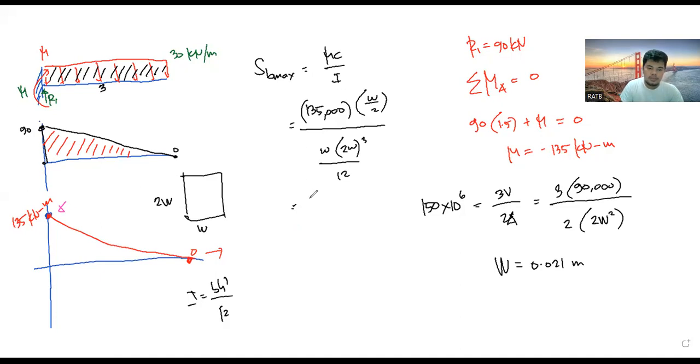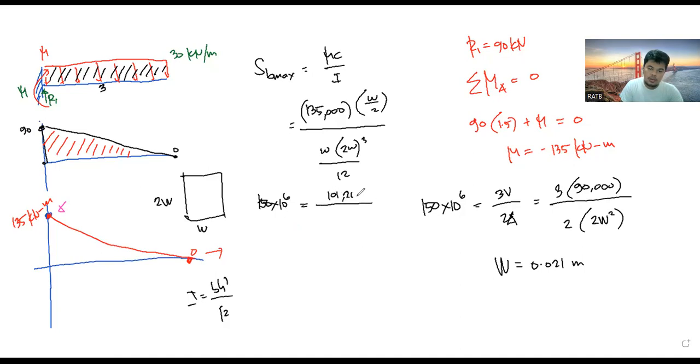That's 101,250. So that's 150 times 10 to the power of 6.